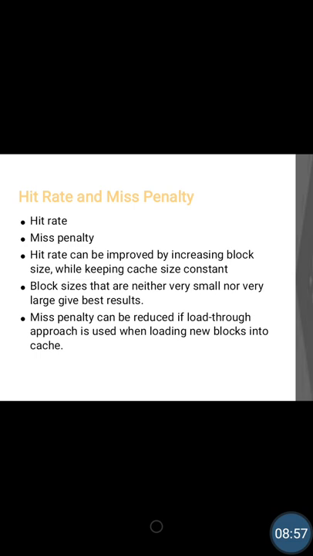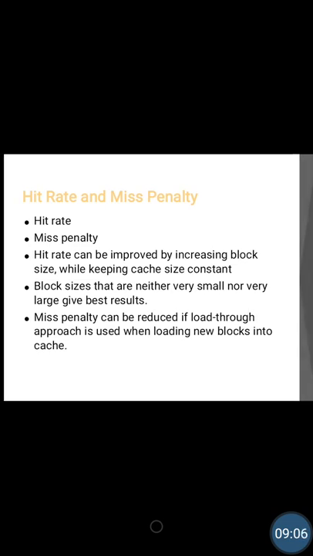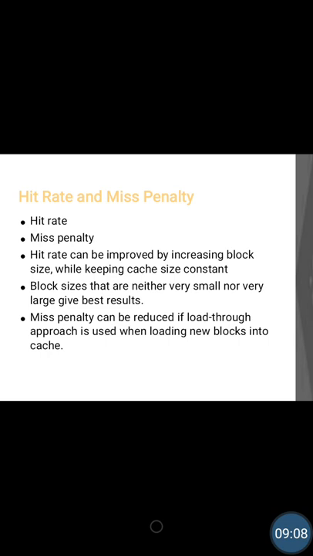The number of hits means how many successful accesses are possible through the cache, that is, how many data items are present in the cache, as a fraction of all attempted accesses. If I have searched 10 items and I get 6 items within the cache, then 6 by 10 is the hit rate, isn't it. Then what is a miss?